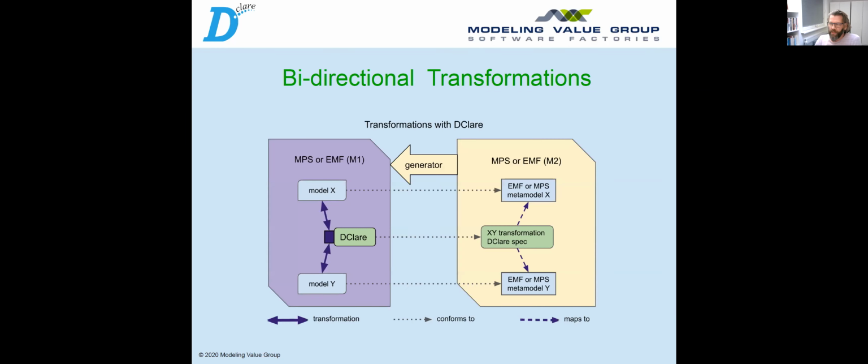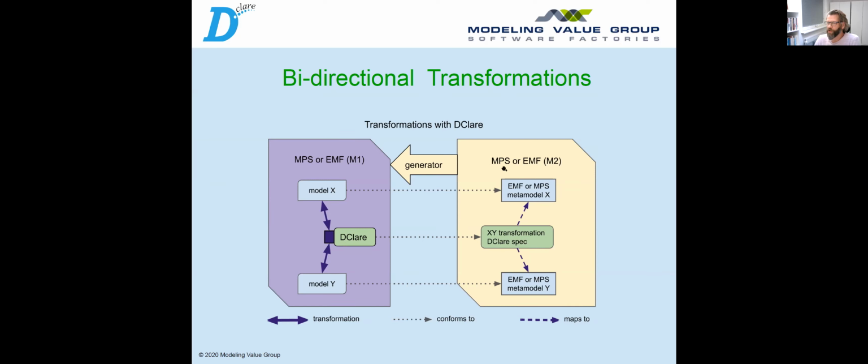Apart from the synchronization, which is the part I'm going to demo today, we also have bidirectional transformations in DClare, or any other logic relationship within a model or between models, on whatever level you like. It's a declarative formalism for describing constraints on models, which are automatically ensured. On the right side, you see how that works from a transformation definition.